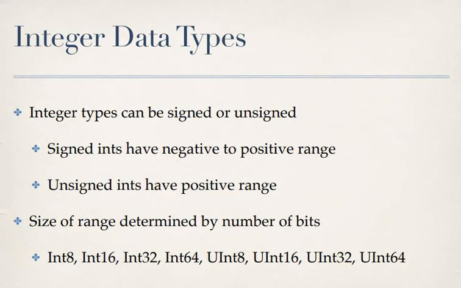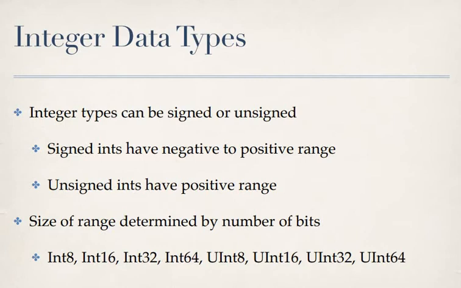As we know, integer data types are of two types, signed and unsigned. Signed means it will take both positive and negative numbers. Unsigned will take only positive numbers. The size is determined by the number of bits. We can have 8-bit, 16-bit, 32-bit, 64-bit, and so on.